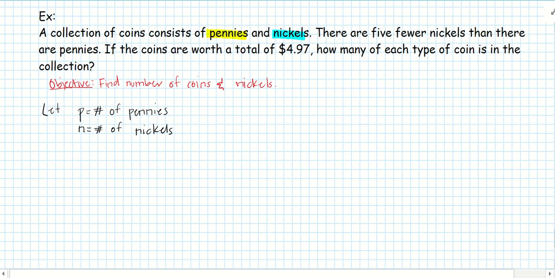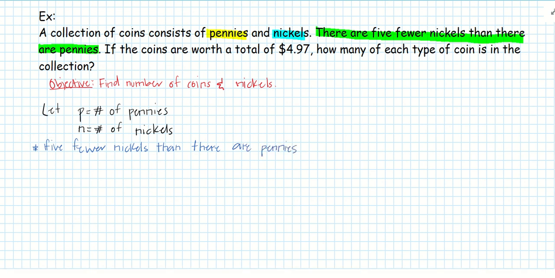Now let's go ahead and read the first sentence. It says there are 5 fewer nickels than there are pennies. Okay. So let's break this apart.